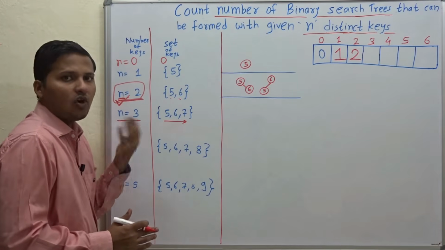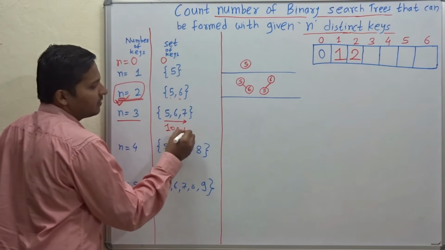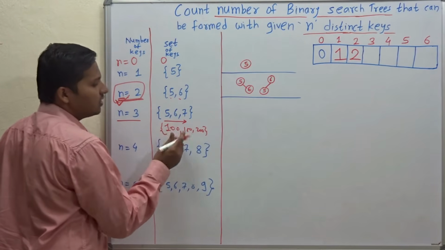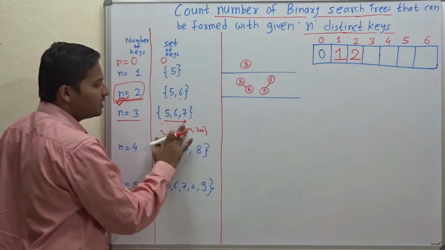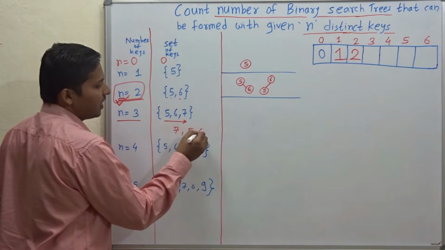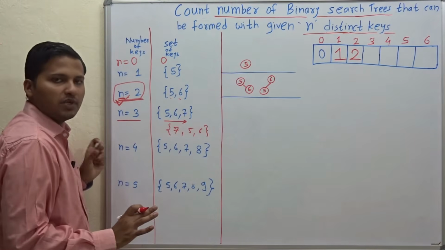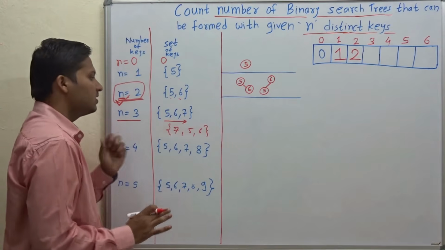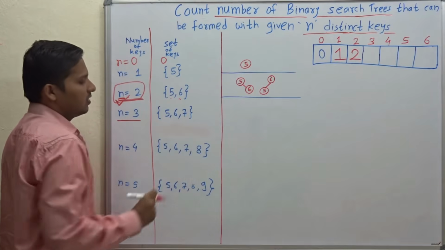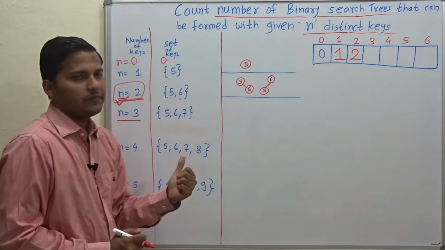Even if here it is 100, 150, 200, then also the number of binary search trees is going to be the same. Or even if it is like 7, 5 and 6, then also the number of binary search trees is going to be the same. Just for our understanding, we have written the keys in sorted order, which makes it easy for us to draw the binary trees.